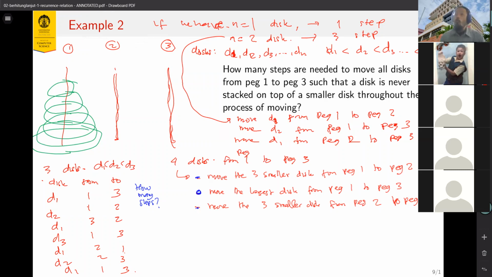One step, exactly. So this one step. Now, how many steps for the first part of the strategy?